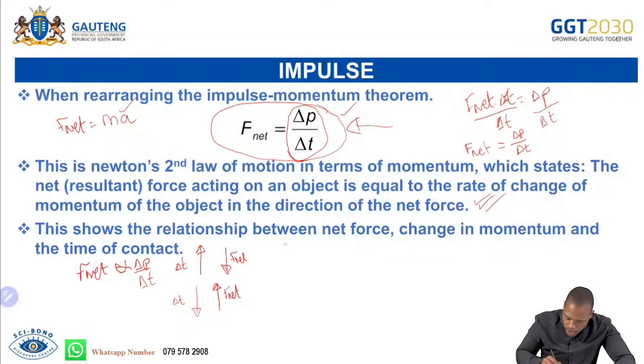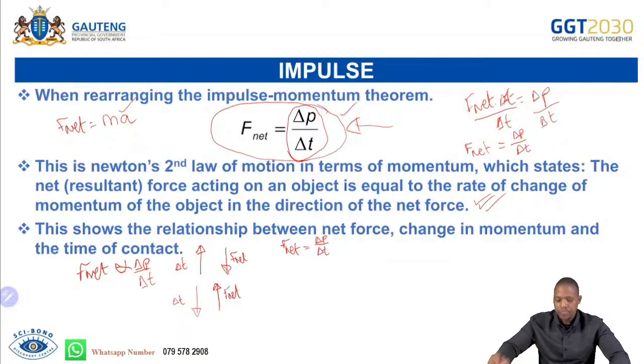So I'm going to write it as F net is equal to delta P over delta T. I want you to think, if my change in momentum is 2, and I say 2 over 1, what is going to be the answer?